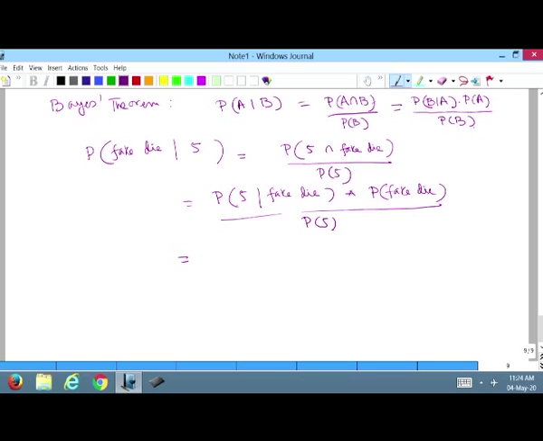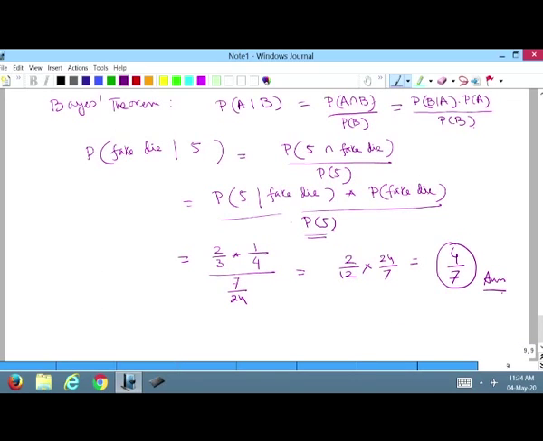Probability of 5 given a fake die is 2 by 3, probability of getting a fake die is 1 by 4, and overall probability of 5 is 7 upon 24. This is equal to 2 by 12 multiplied by 24 by 7, which is equal to 4 by 7. That is the answer.